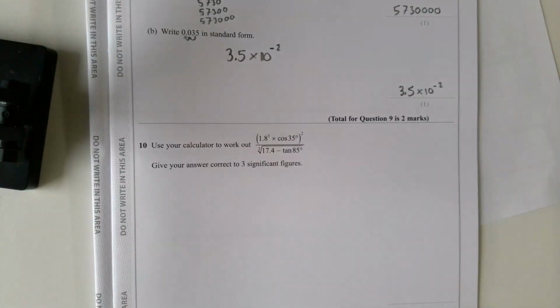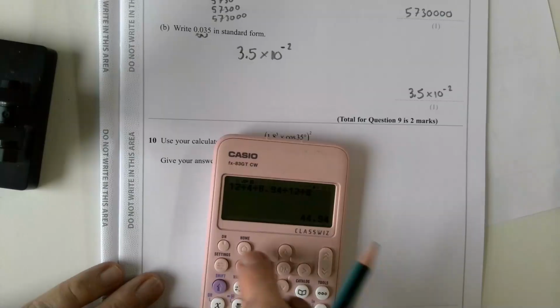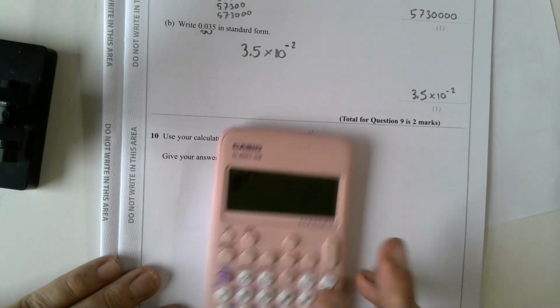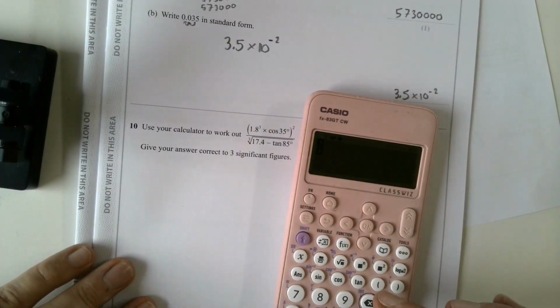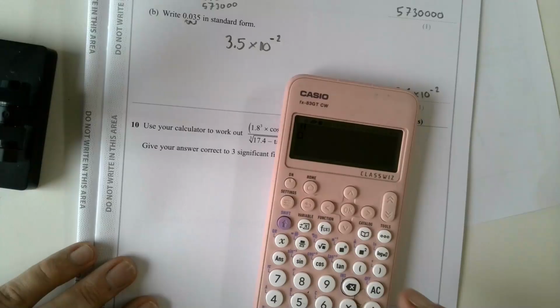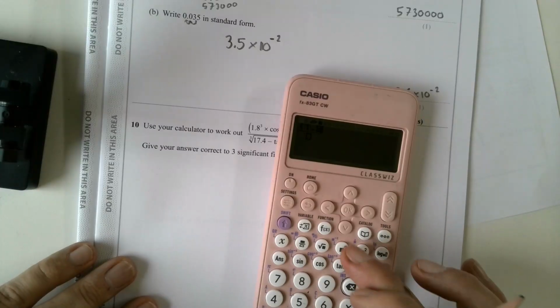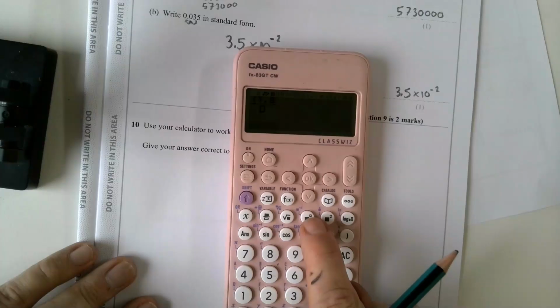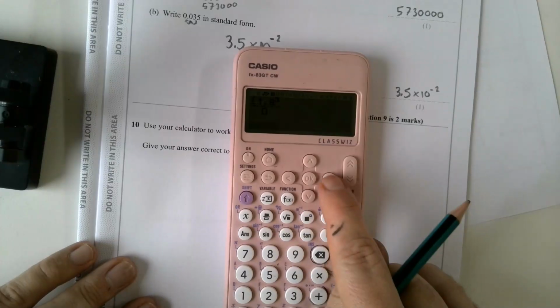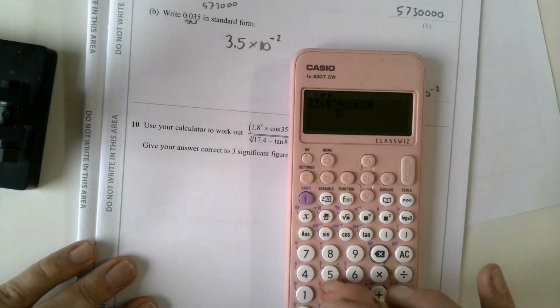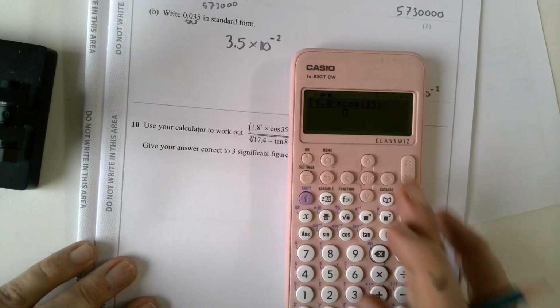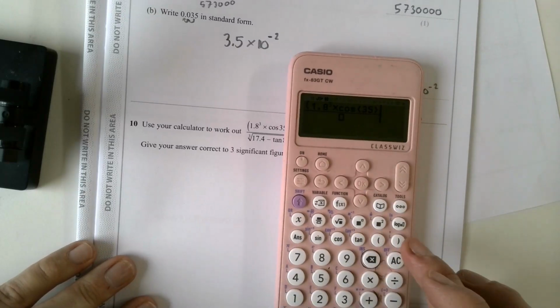Right, use your calculator to work out this. The more fluent you are with your calculator, the easier you'll find a question like this, so it makes sense for you to practice it. So I'm going to press my fraction button first. 1.8, press the little square with a box on, so cubed, press to the right so I can get rid of that bit, times by cos 35. Now hopefully your teacher has made you check cos 35.